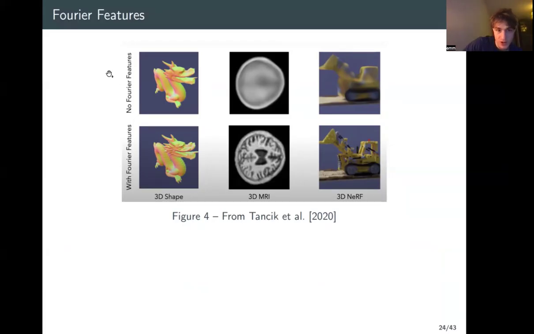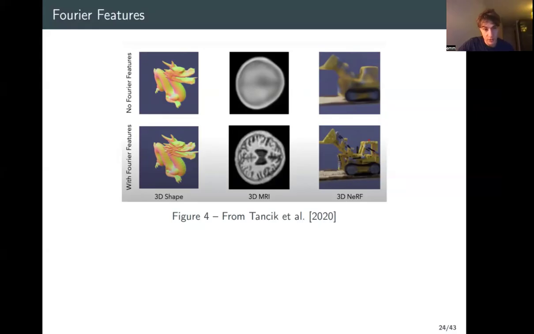If you were to just give the coordinates here, you're going to learn quite slowly. You're going to learn the low frequencies first, and then it's going to take an exponential time to learn higher and higher frequencies. But with Fourier features, you sort of change your ansatz and your implicit bias, and now you're able to learn high frequency functions quite easily.